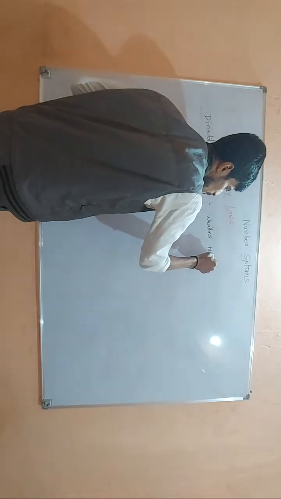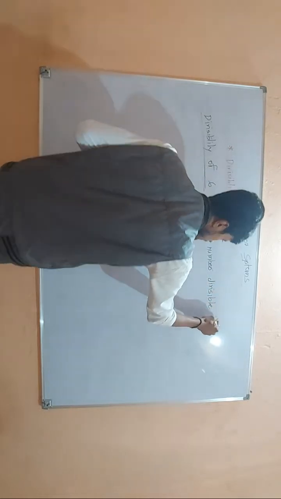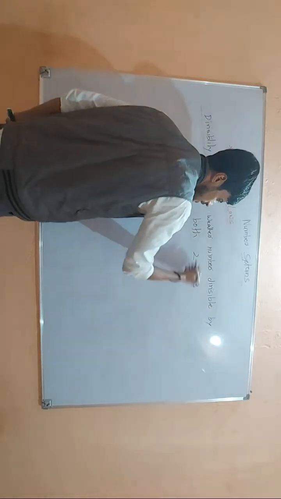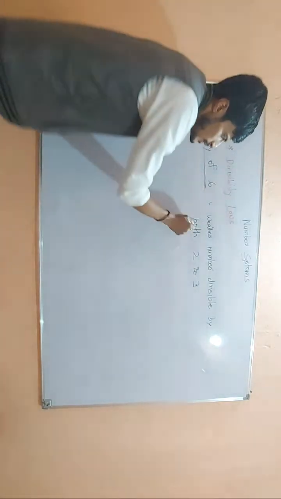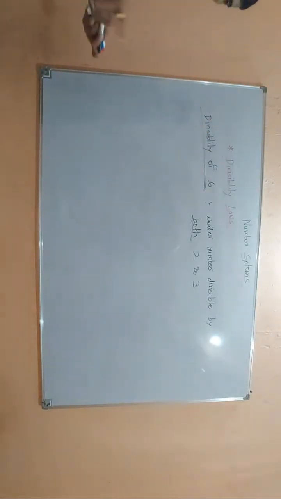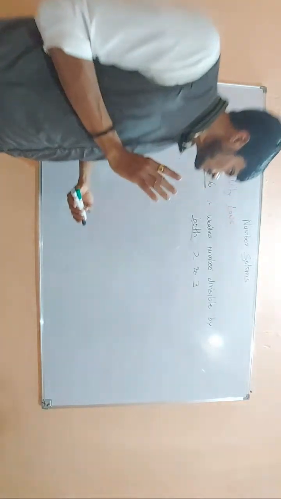Means you have to check whether the number is divisible by both 2 and 3. Important is whether the number is divisible by both 2 and 3. If that happens, then that number is divisible by 6.